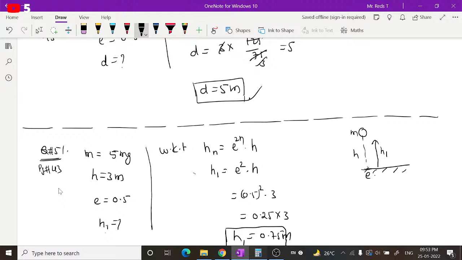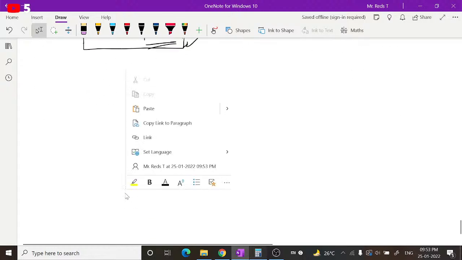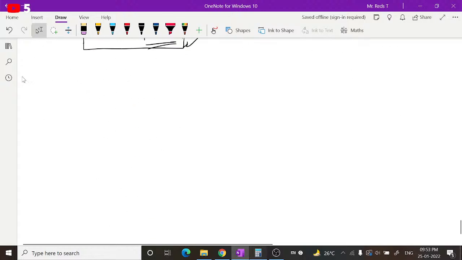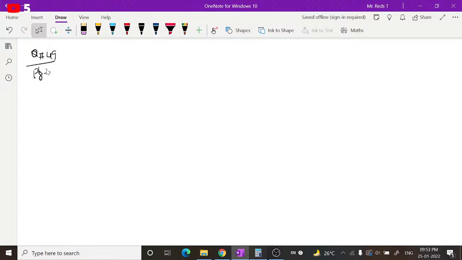Question number 49. Same 43rd page. So what is given here and what are you asked to find?